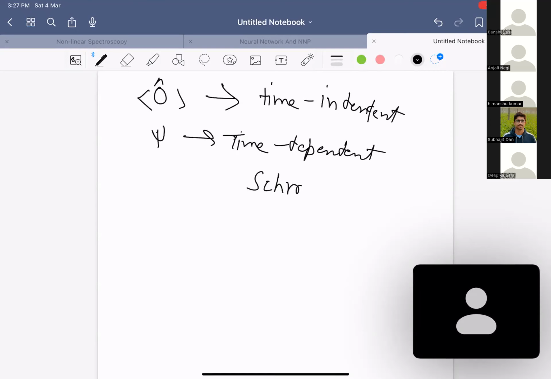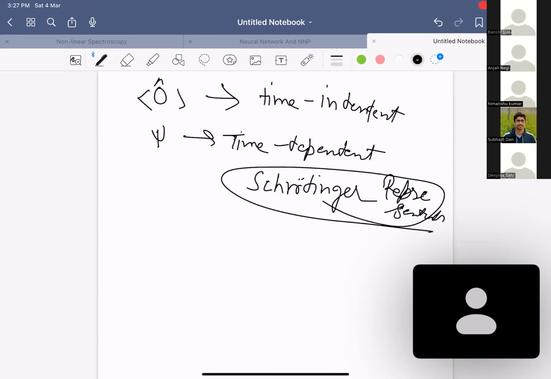So it is important to note that in the Schrodinger representation, the operators are time independent, and the time dependence comes through the wave functions.